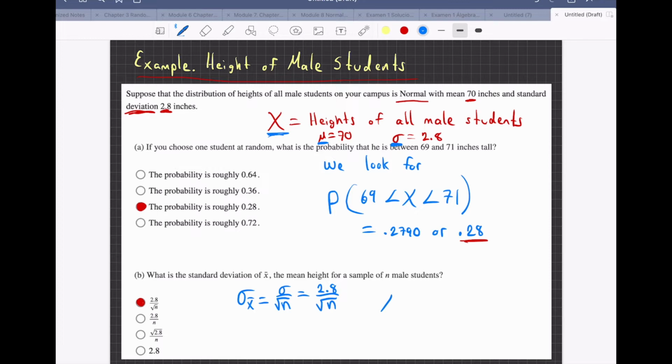And here, X bar, the sampling mean, is all the averages of heights for samples of size n.